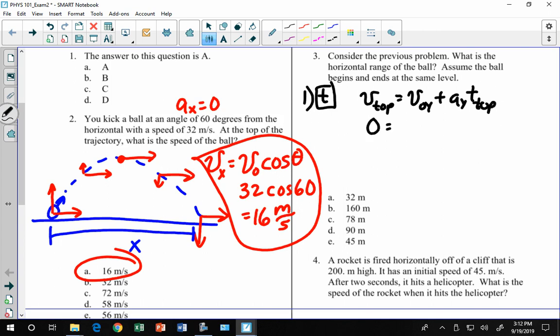0 equals 32 sine 60. That's my y component. Make sure you're up on your x and y components. It should be second nature by now that if I'm finding my x component, it's the vector times cosine. If I'm finding my y component, it's the vector times sine.